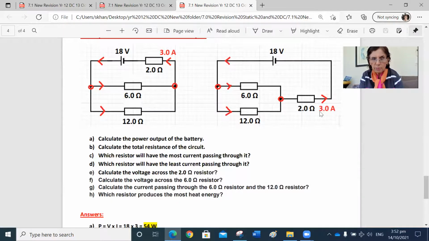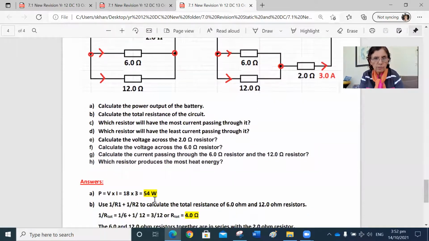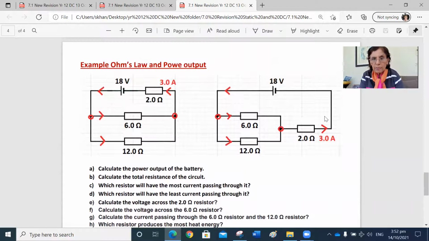So it is 18 times 3 is 54 watts. So this battery is providing 54 watts. So all these three together will be using 54 watts of energy every second.